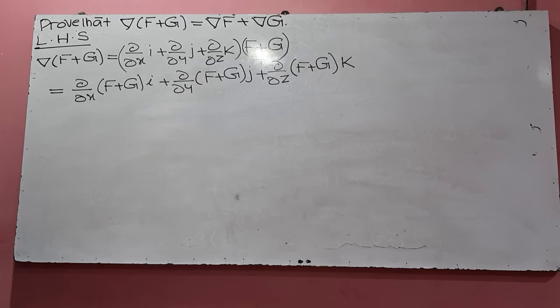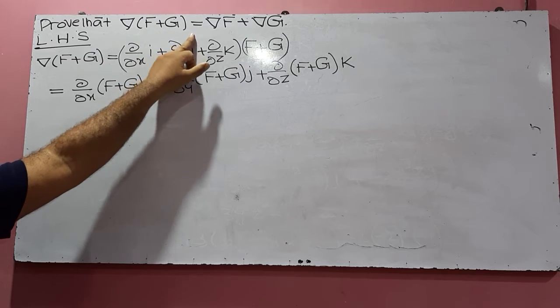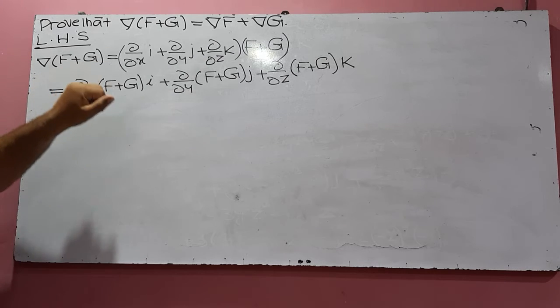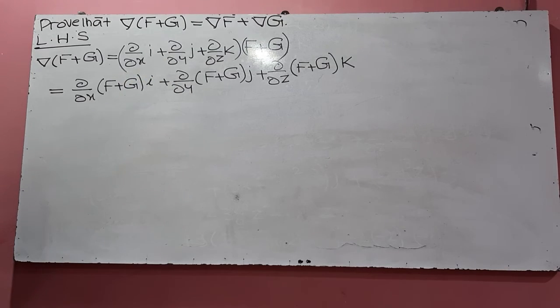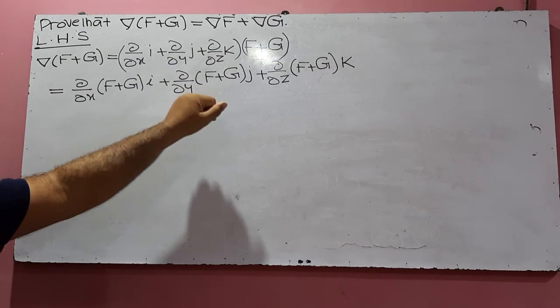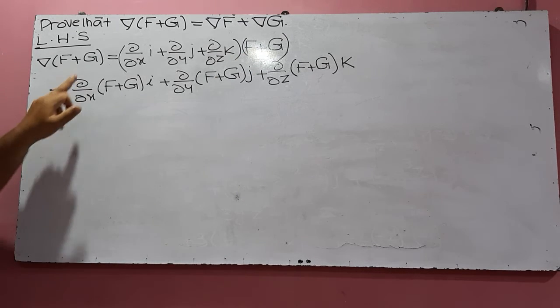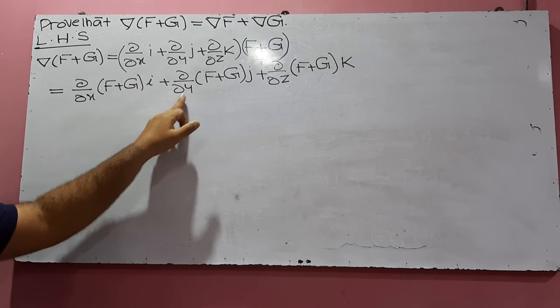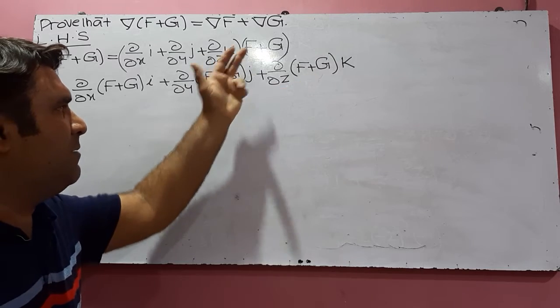The second numerical is to prove that del of f plus g is equal to del f plus del g. So we take the left hand side, del of f plus g, which is the operator d over dx i plus d over dy j plus d over dz k multiplied by f plus g. So d over dx will multiply f plus g i, d over dy will multiply f plus g, and similarly d over dz.